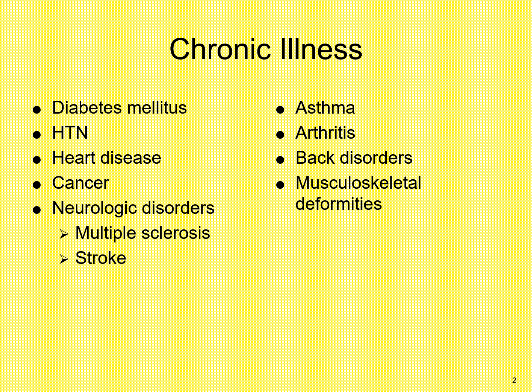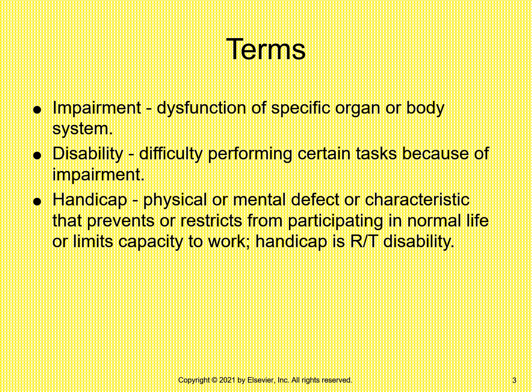The term chronic illness is broad and refers to the lived experience of the patient with the chronic illness. Their experience is influenced by their perceptions of the illness, their age, gender, culture, as well as socioeconomic status. The terms impairment and disability are used today.